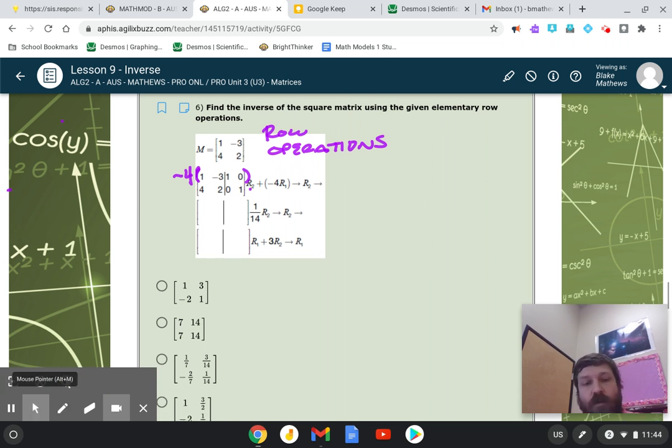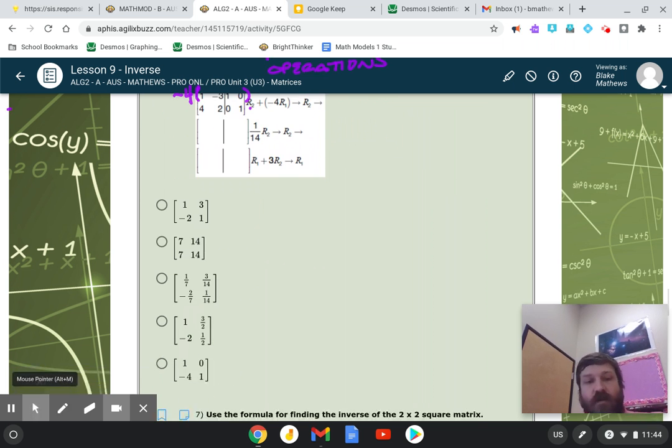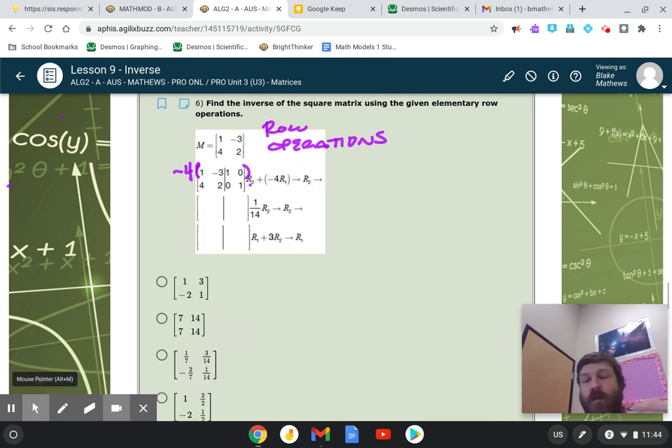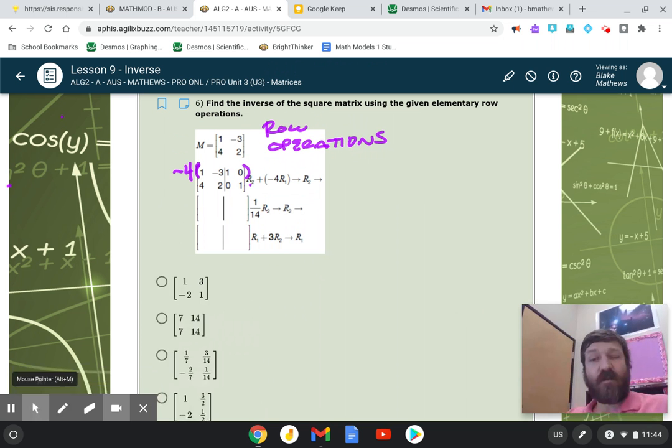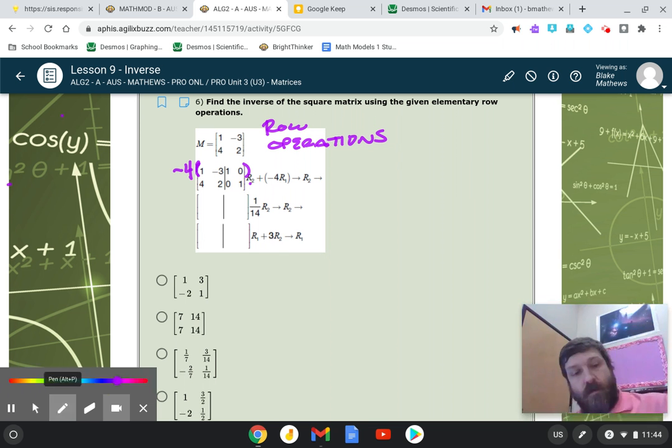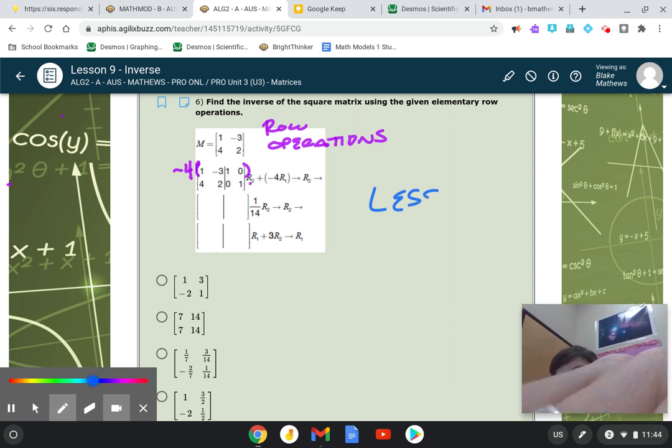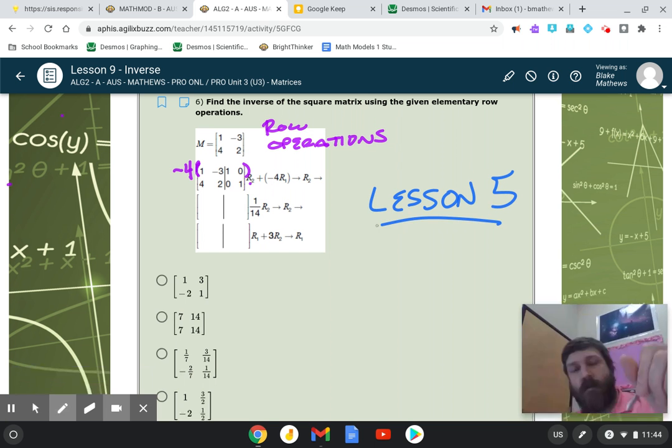Once you do, you'll have the inverse. So it'll be one of the answers you see below. So a lot of steps, but not steps you don't know about. It's just things we learned from previous lessons. I think this is from lesson 5, elementary row operations. So go back and check out the video for lesson 5. I'll write that down here, lesson 5.